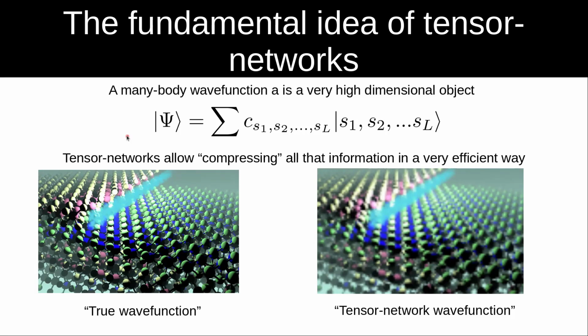The basic idea is that in a typical quantum many-body Hamiltonian, you have an exact many-body wave function that is like this picture here on the left, and tensor networks and neural network quantum states allow us to store an approximate version of this wave function. They allow us to store something that is not exactly the real wave function, but something that resembles it, and that in practice allows us to compute all the observables that we would need with relatively high accuracy.